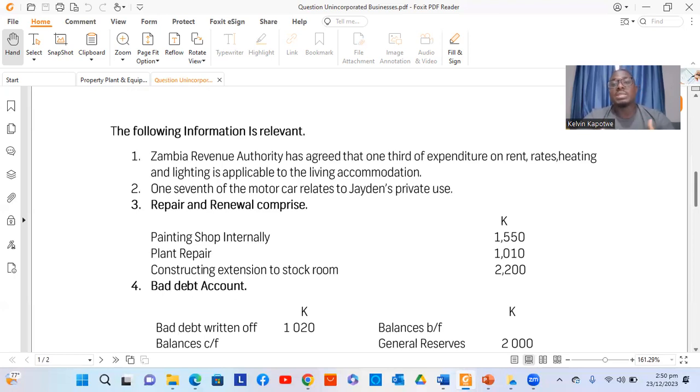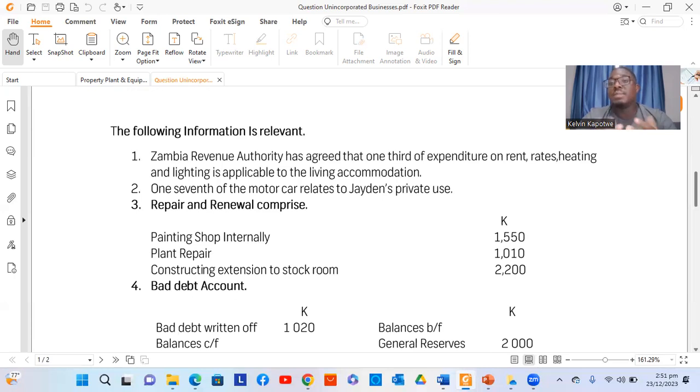So when an expense is revenue in nature and it is wholly and exclusively incurred for the purpose of doing business, then that expenditure is considered to be an expense. As such, you must not make an adjustment to that expenditure.